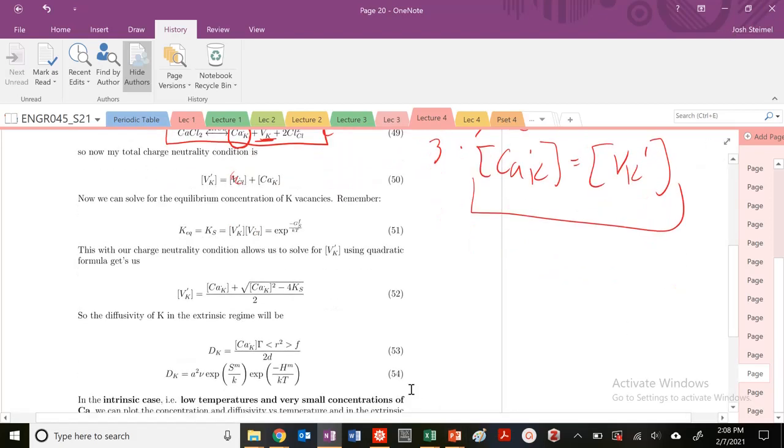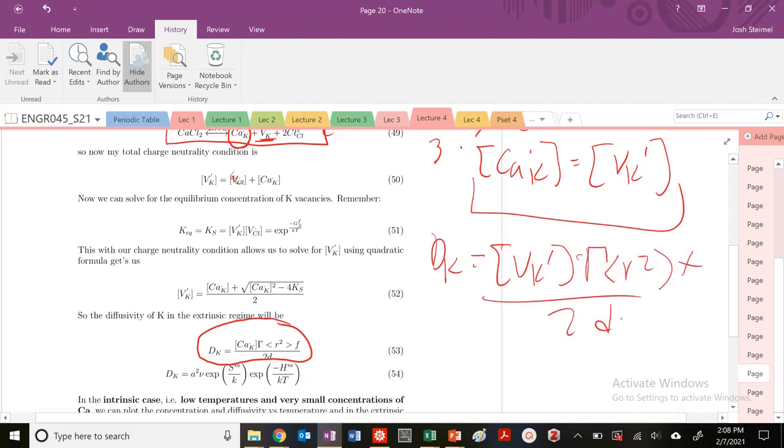So for the extrinsic reaction, when we jump down to how our diffusivity is going to change, our diffusivity of K is again going to be this expression here, where it's the concentration of Vk times your tau times your r squared times your f over 2d. What do we know about our electroneutrality expression? Well, this just is going to be the energy here.